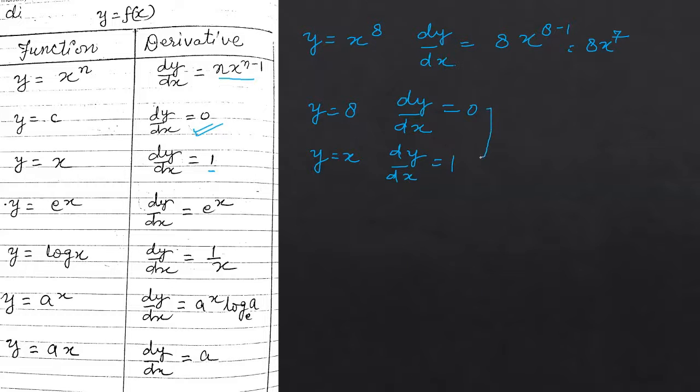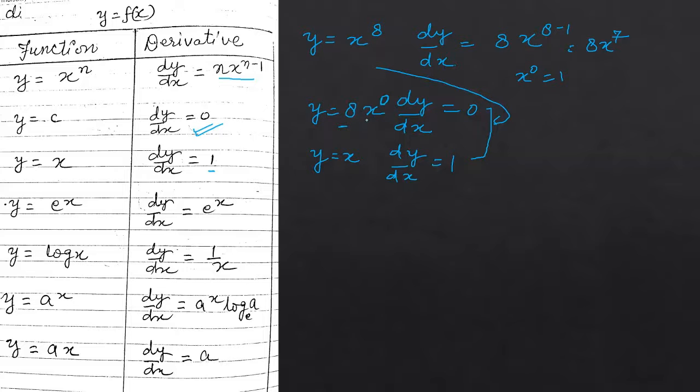These above two derivatives, we can calculate by this rule also. Like here we can say x raised to 0. Any real number having power 0 is always equals to 1.